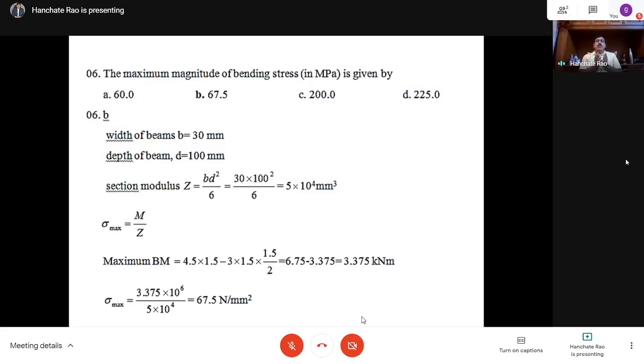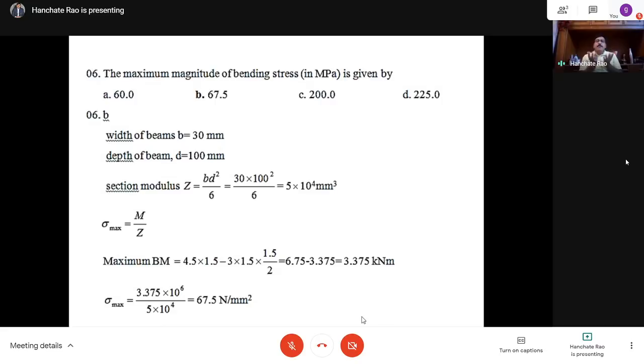If you keep that concept, the bending moment is equal to sigma into Z, or sigma is equal to M by Z. So please remember, M is proportional to Z. The bending moment carrying capacity of a given beam, for a given material, is proportional to Z. So if M is proportional to Z, you can find a beam of uniform strength.